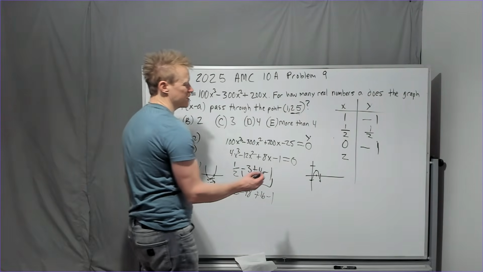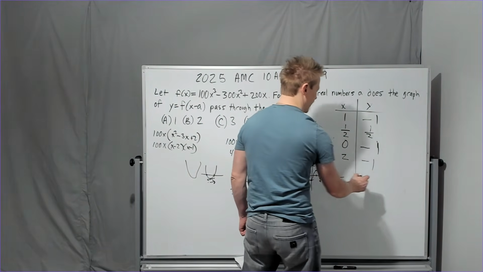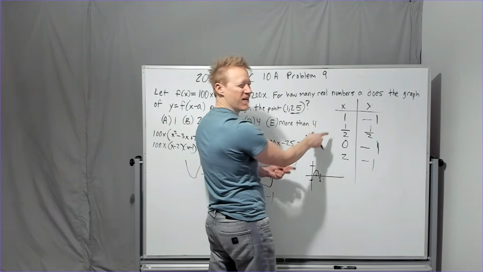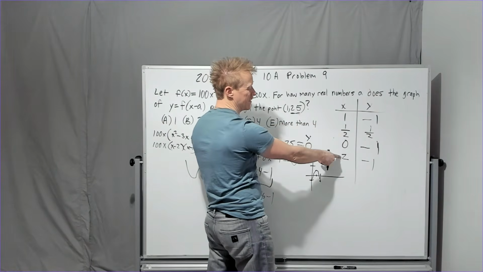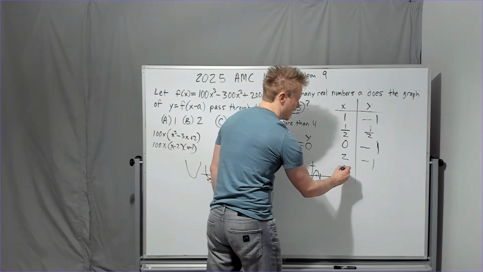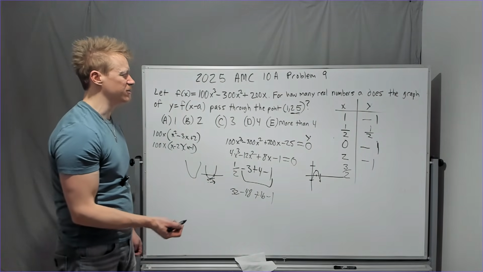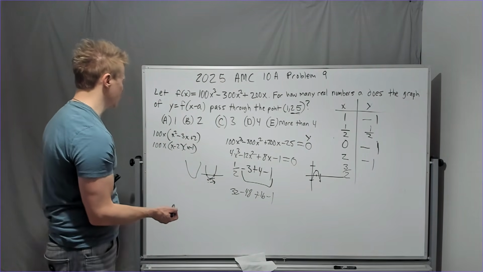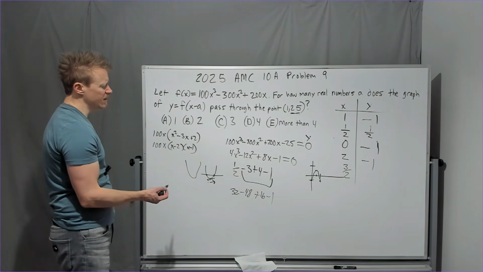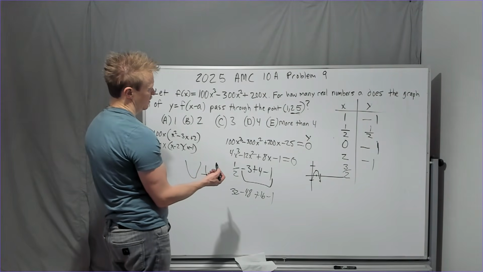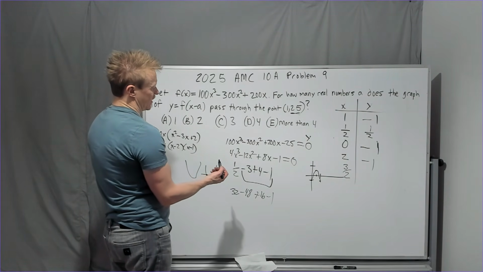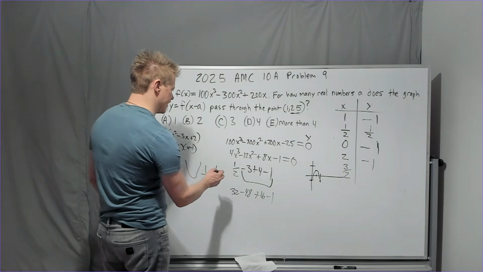So it looks like you're going to hit minus 1 another time, but you have to kind of have it in the proper order. 1 and 2 being negative 1 makes me think that we should check 3 over 2. So if I check 3 over 2, let's see what we get.